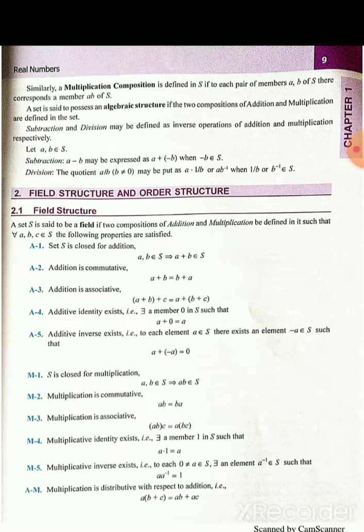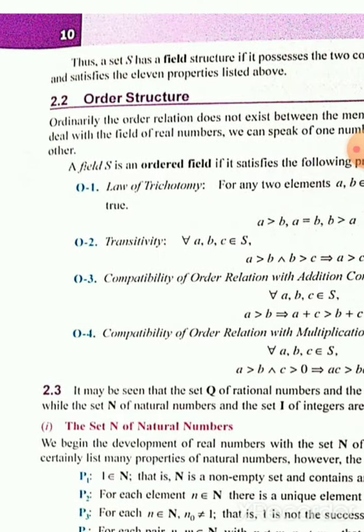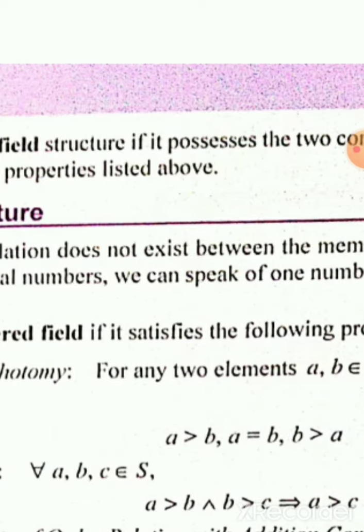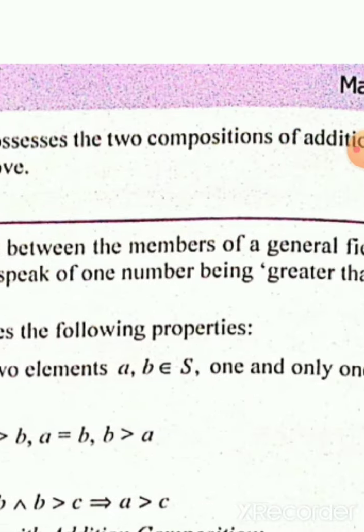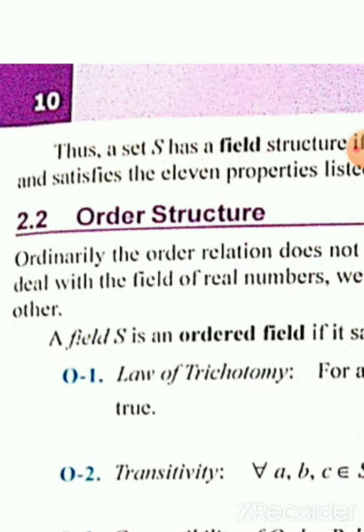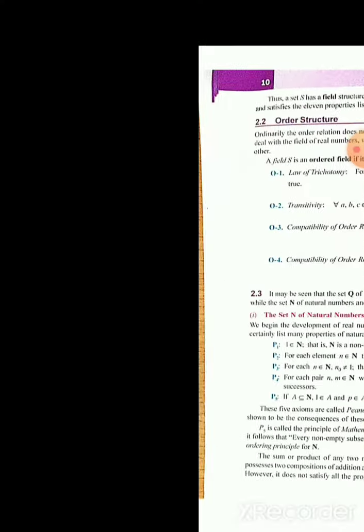If all of these properties are satisfied, now see here, thus a set S has a field structure if it possesses the two compositions of addition and multiplication and satisfies all 11 properties as listed above, then this set S is said to be a field.